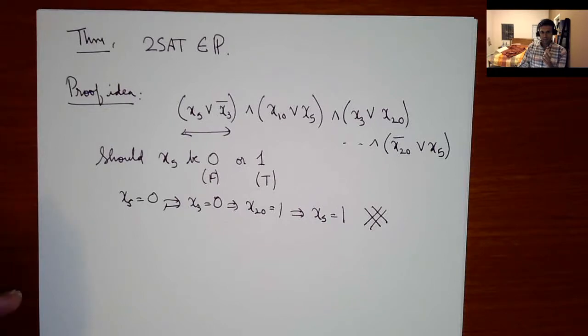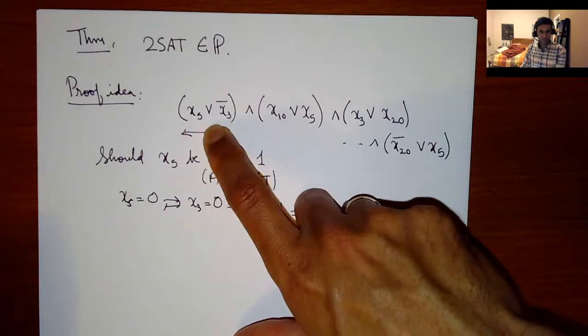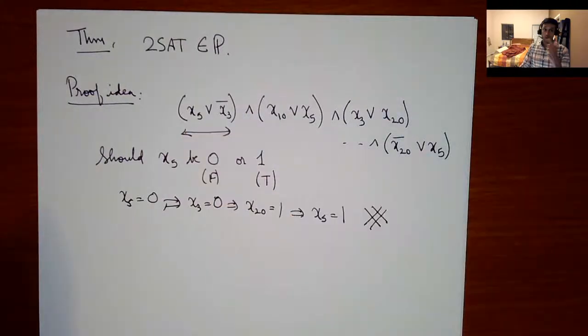Either you get rid of the clause, or you actually discover a setting for another variable. Okay, so does this make sense?